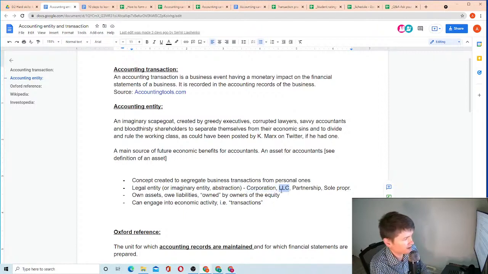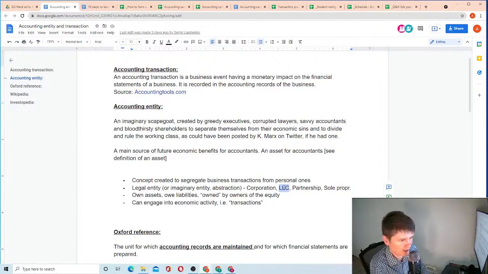So if your LLC does some unintentional damage to someone and someone sues you for reparations, for damages, he will not be able to go after your personal assets as an owner of that business.